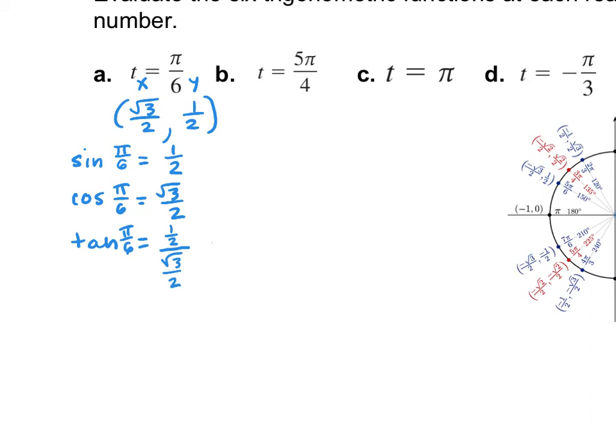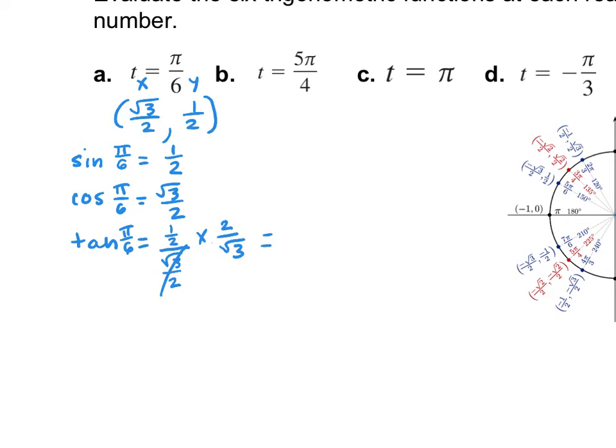How can we simplify this? Multiply by 2. So we keep the top, change it to multiplication, and flip the bottom. So we're multiplying it by 2 over square root 3.